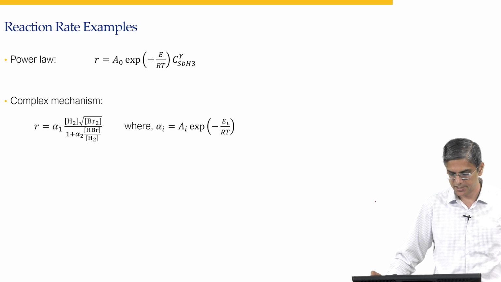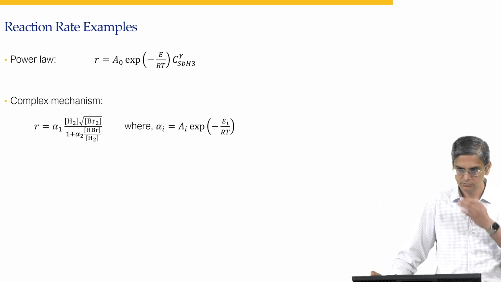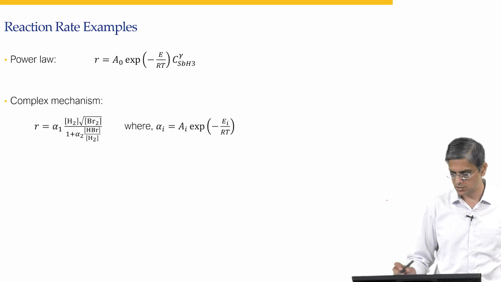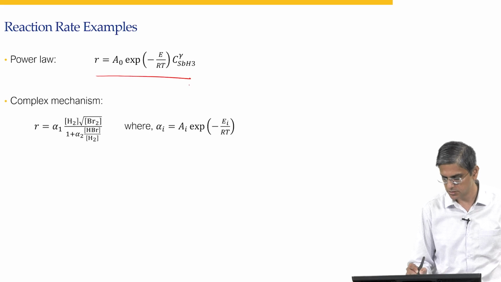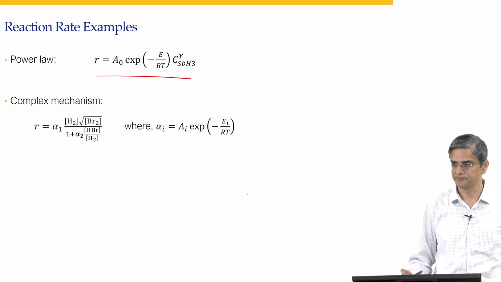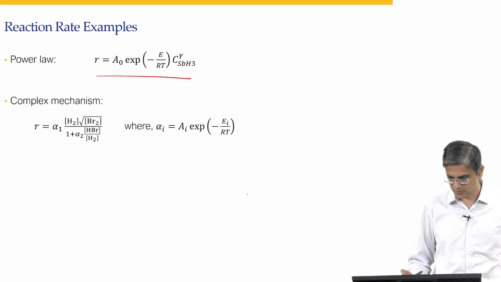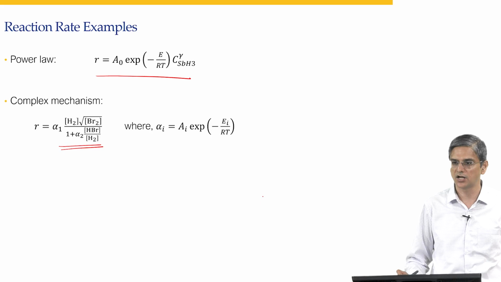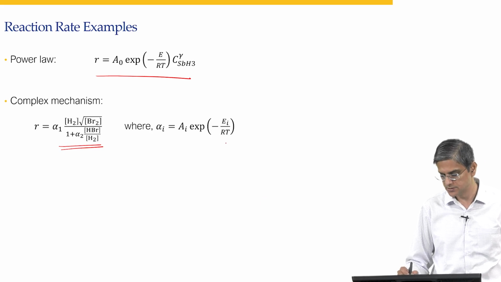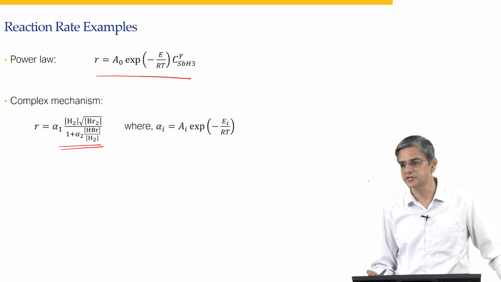Yeah, and if you also bring in the overall expression, then this is what you get. Likewise, when you have a mechanism like this, your alpha could be in some cases dependent on the temperature as well.